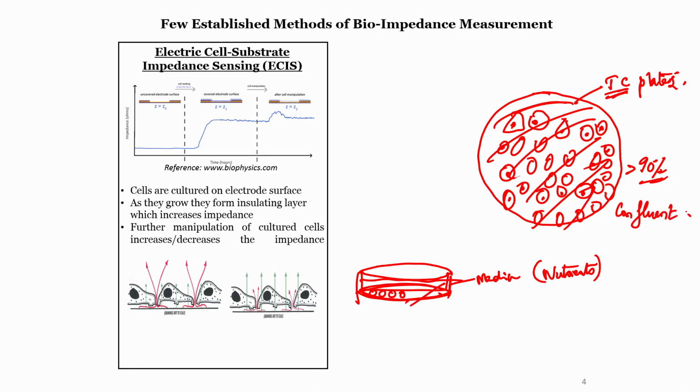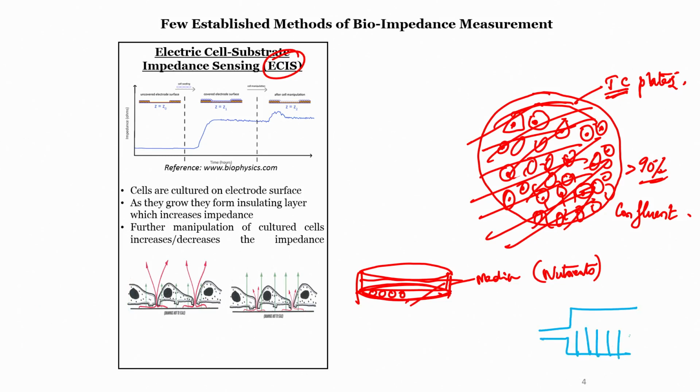Now how does ECIS help us here? ECIS measures the impedance. In ECIS, below this culture dish there will actually be a lot of electrodes, interdigitated electrodes, and the cells are allowed to grow on top of these electrodes like this.